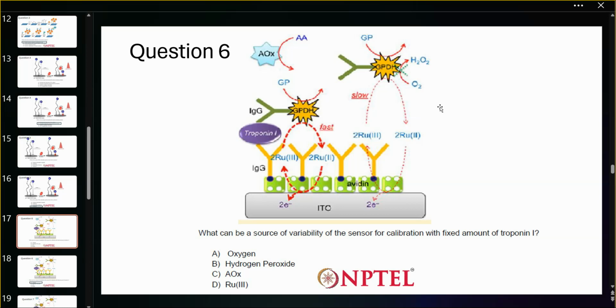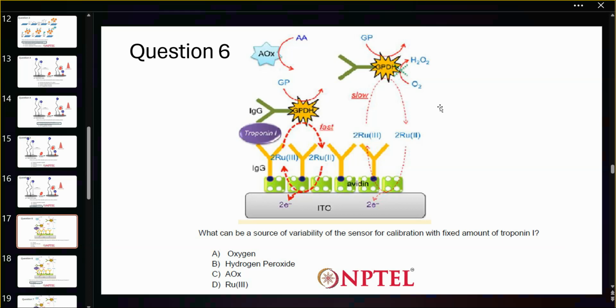You can see that with the unbound antibody, the reaction is happening in a slow manner. That is because oxygen is taking up electrons, and it is converting itself into H2O2.